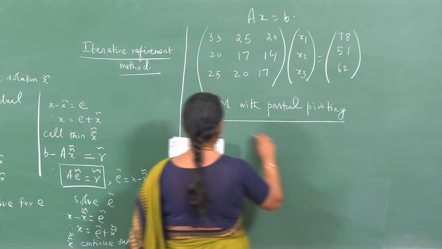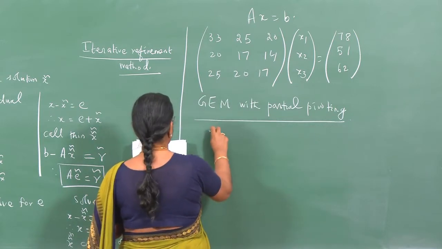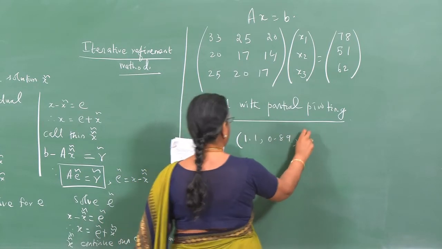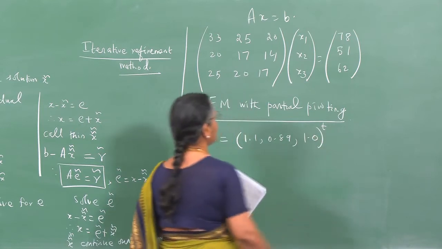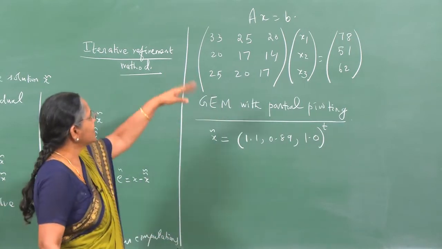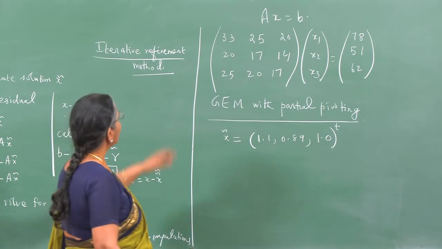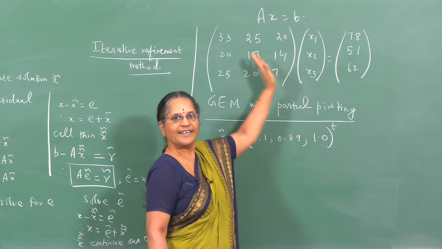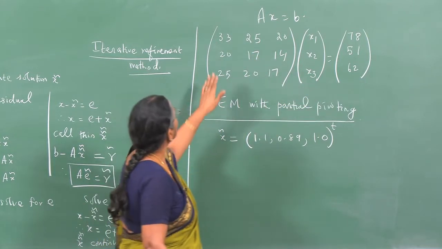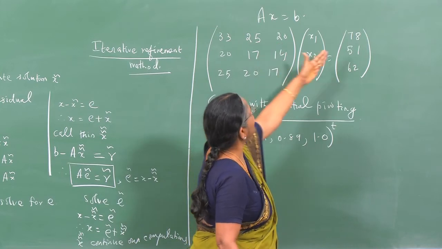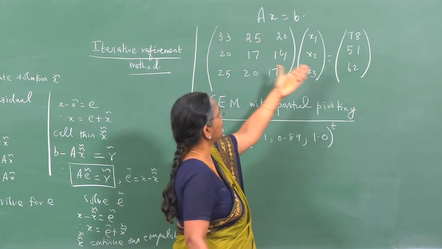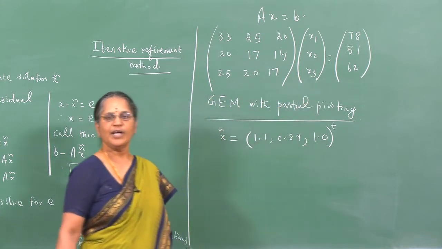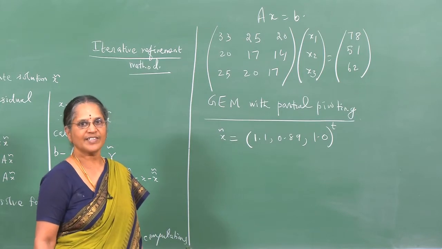Then say I obtain the solution x tilde as 1.1, 0.89 and 1.0 transpose. When I look at the system, I immediately see that x1 equal to 1, x2 equal to 1, x3 equal to 1 is the exact solution, since 33 plus 25 plus 20 is 78, 20 plus 17 plus 14 is 51, 25 plus 20 plus 17 is 62, and therefore 1, 1, 1 is the exact solution of this system.